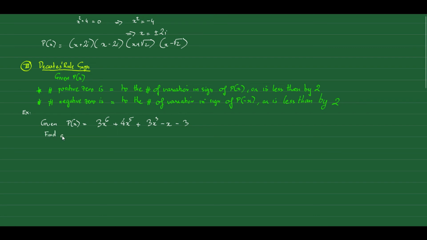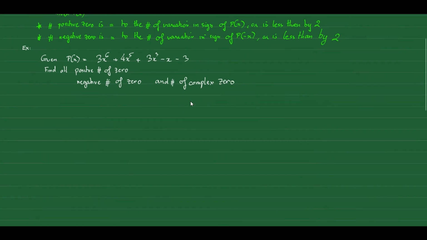Find the number of positive zeros, the number of negative zeros, and the number of complex zeros. Answer.